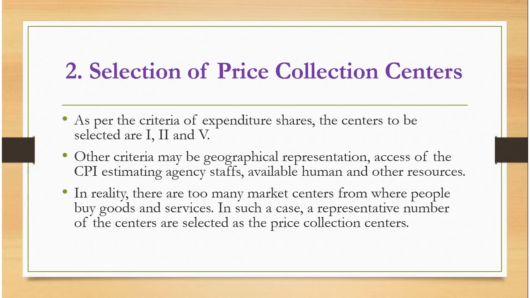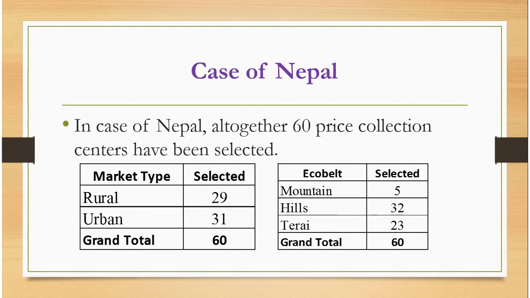So other criteria may also be used, for example, geographical representation, access of the CPI estimation agency staff, and the available human and other resources. In reality, there are too many market centers from where people buy goods and services. In such a case, a representative number of the centers are selected as the price collection centers.